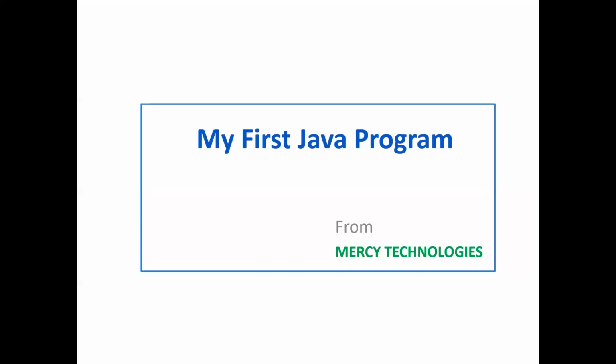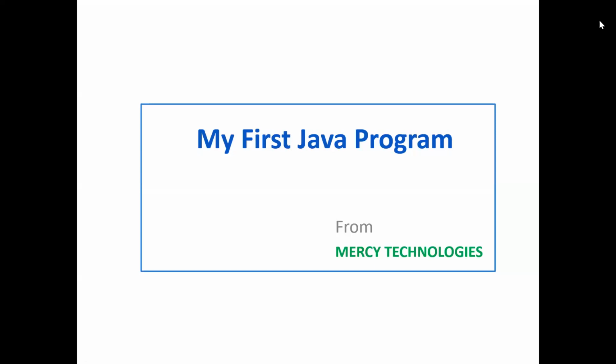Finally, we saw how to set the path environment variable, why we need to set it, and how to verify the JDK version to make sure Java is installed successfully.